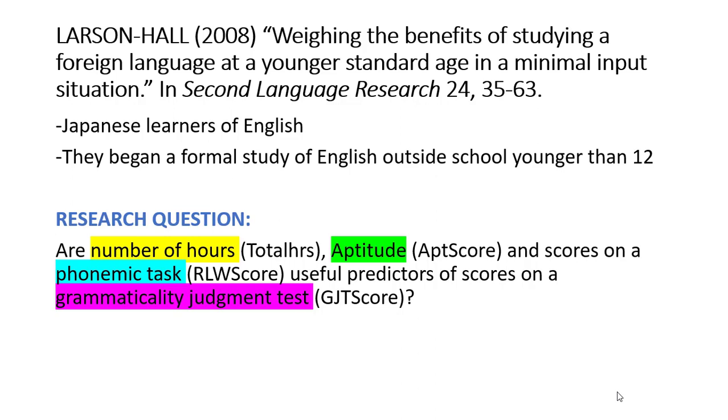So the research question that you're going to explore is this: are number of hours, aptitude, and scores on a phonemic task useful predictors of scores on a grammaticality judgment test? Okay, so what are you going to do with these data?